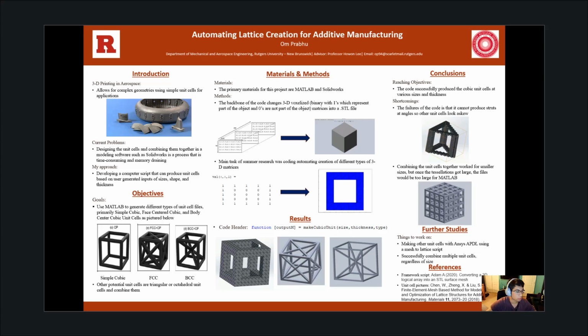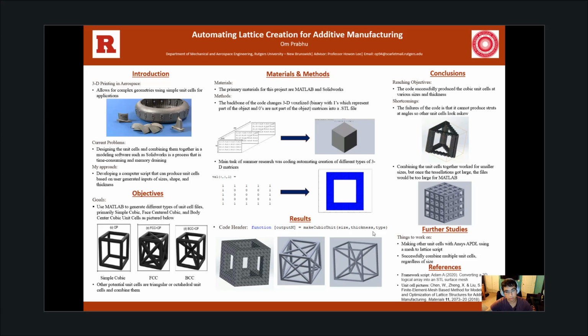This is a 5 by 5 by 5 simple cubic with a thickness of 2. Here's a face-centered cubic with dimensions of 49 by 49 by 49 and a thickness of 5. And here is a body-centered cubic with a size of 35 by 35 by 35 and a thickness of 3.